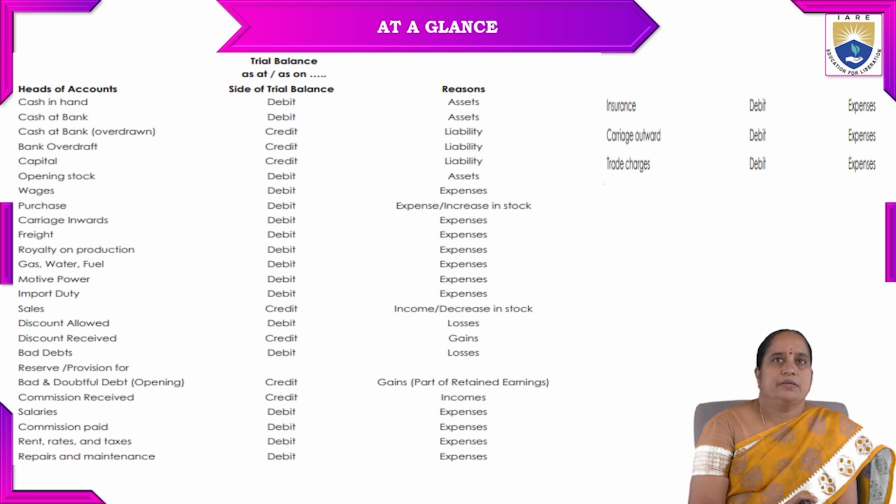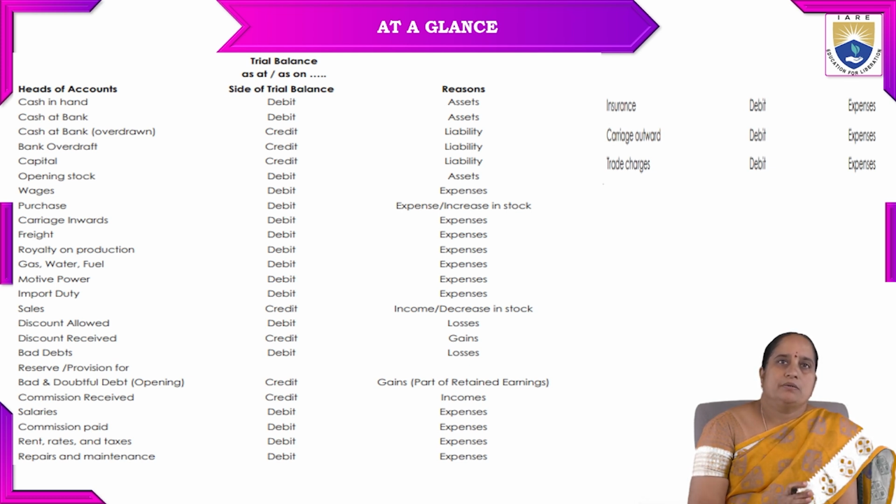Cash at bank, debit because it is an asset. As we know, all assets should be mentioned on the debit side, liabilities on the credit side, expenses debit, income credit. That thumb rule one should remember so that we can easily understand which account should be mentioned on which side of the trial balance.